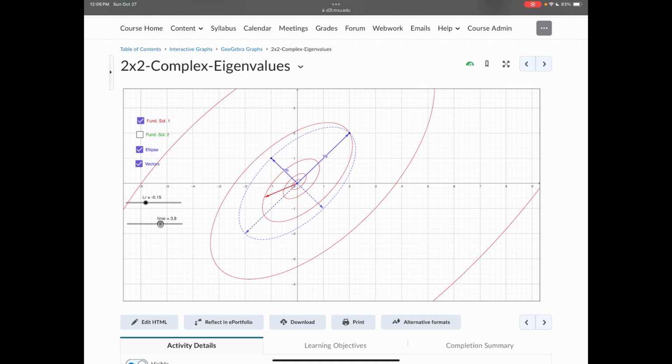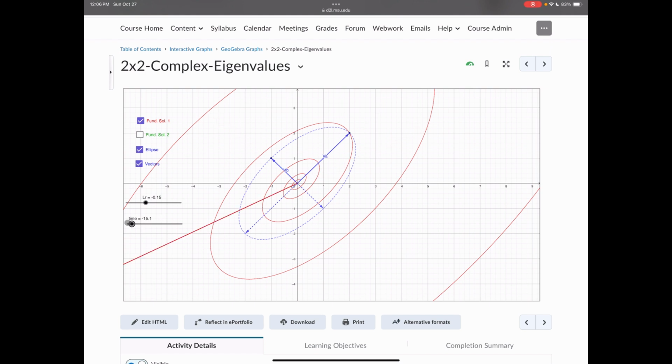And then when t goes to plus infinity, we go towards the origin. The solution vector spins forever, but it gets shorter and shorter, and the limit of the magnitude is 0. When t is negative, here we are outside the ellipse, but moving towards the inside always.